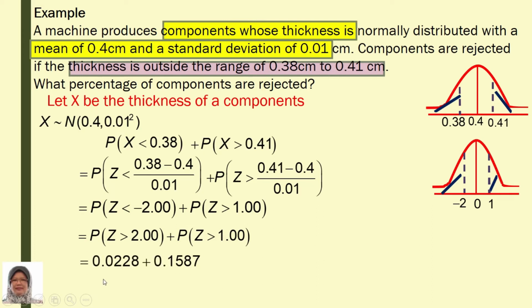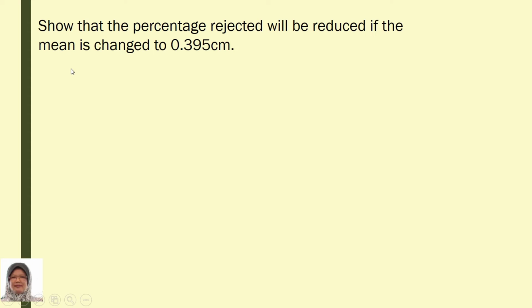We get 2 is 0.0228 plus 1 is 0.1587 and the answer is 0.1815. So the percentage of components rejected is 18.15%.